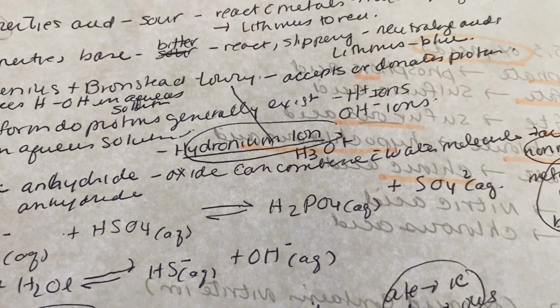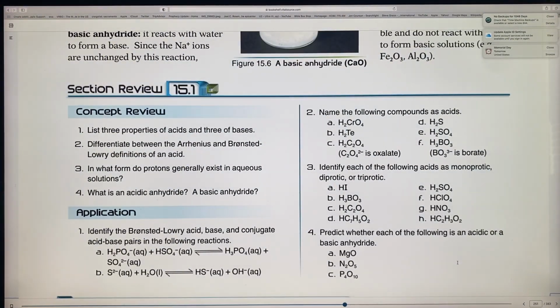The hydronium ion is H with the 3 and then O. Just think of hydronium. It's kind of hard because I always mix up hydroxide and hydronium. Hydroxide is OH, and hydronium is that acid ion. They're opposites. So you have to remember, if you're saying hydronium, you're talking about an acid. If you're saying hydroxide, OH, you're talking about a base.